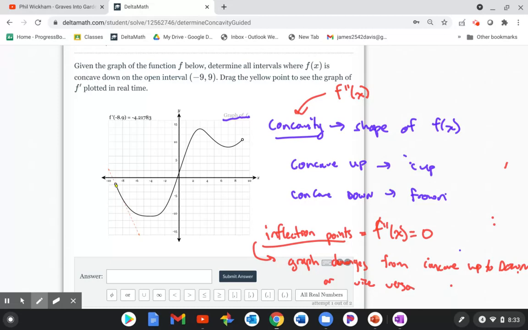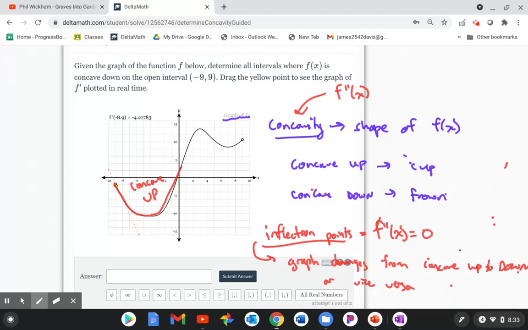So on this graph, let's see if we can identify these, and then we'll use the little tool that they have as well. So I'm just going to try to eyeball the inflection points, and then we'll actually find the exact value. Okay, so this function from here up to some point in the middle of here, this is concave up. It's like a cup, right?